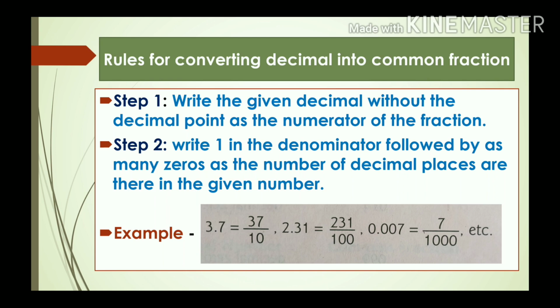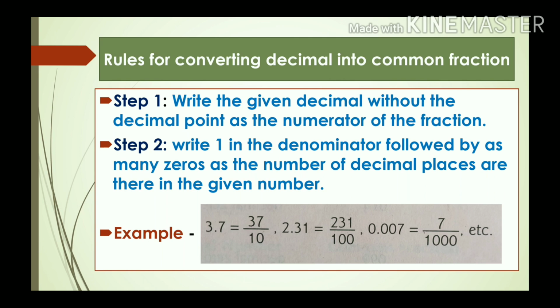Step 1, write the given decimal without the decimal point as the numerator of the fraction. And step 2, write 1 in the denominator followed by as many zeros as the number of decimal places in the given number.